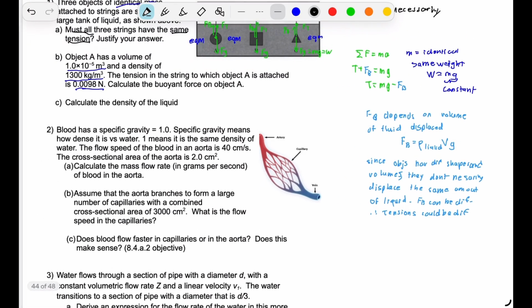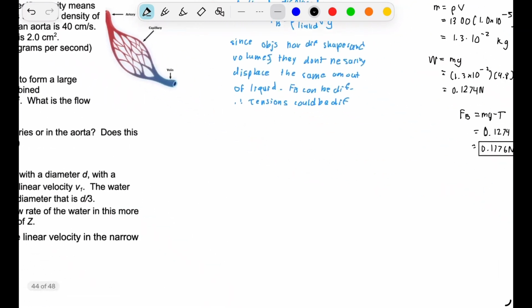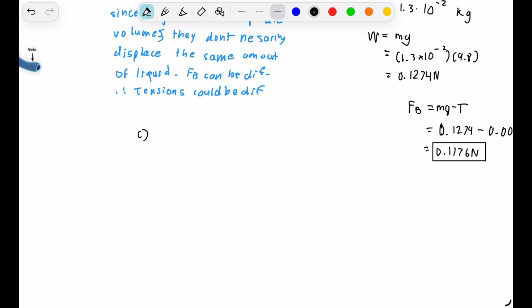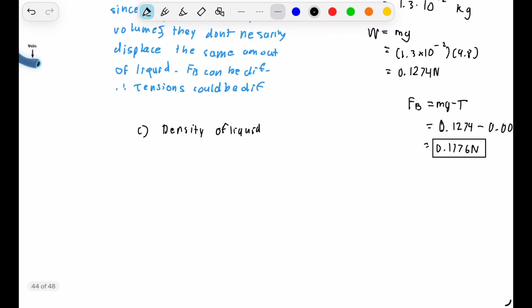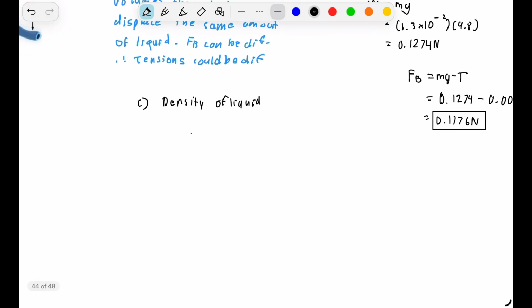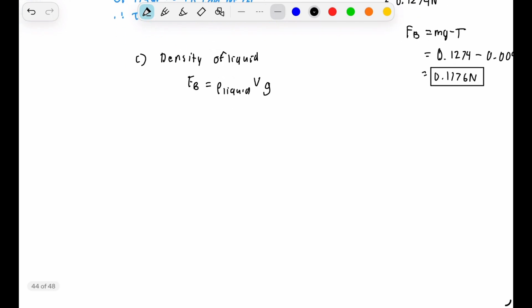Now for part C, we're asked to calculate the density of the liquid. For the density formula, we can use FB and then isolate for density. So FB is the density of the liquid times the volume times gravity, and we want to solve for our density.